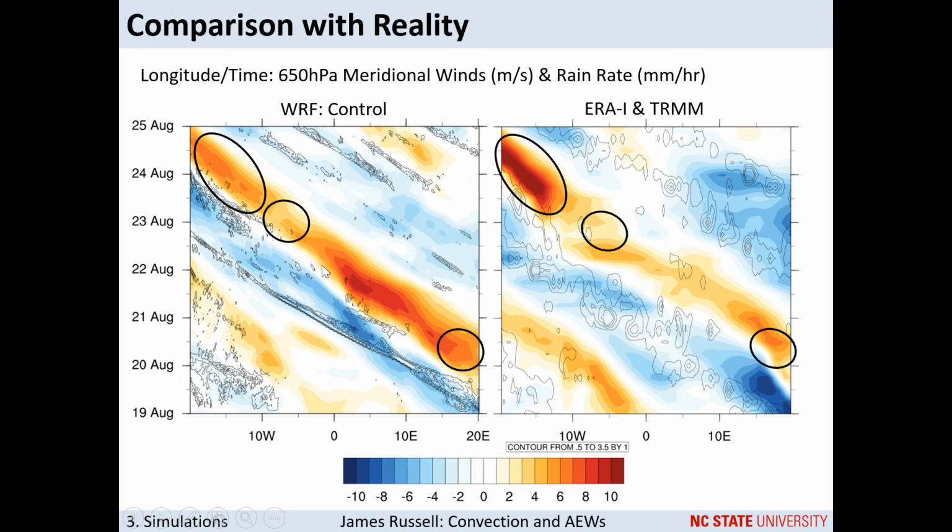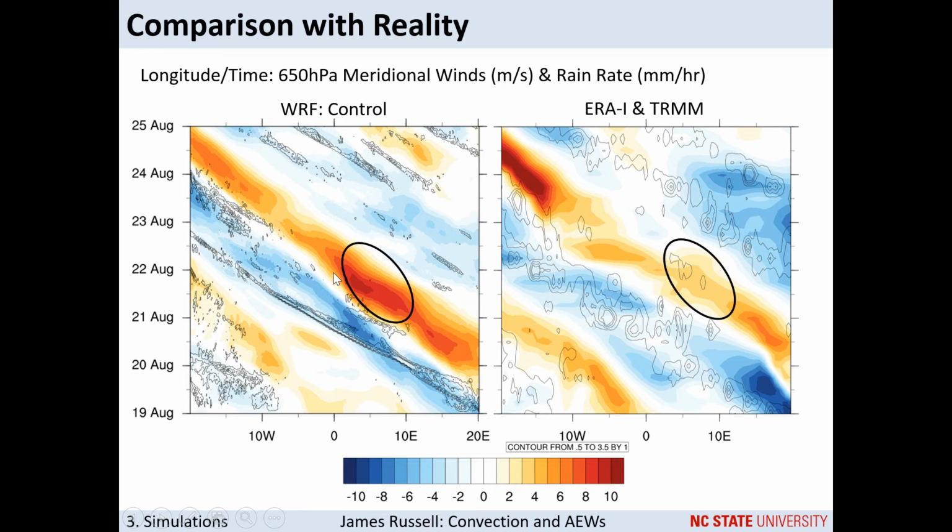But then we do see this strong intensification of the wave, where we actually saw a de-intensification of the wave between around 10 east and 0 degrees, or the Greenwich meridian. And so this may be associated with the convection in this region.